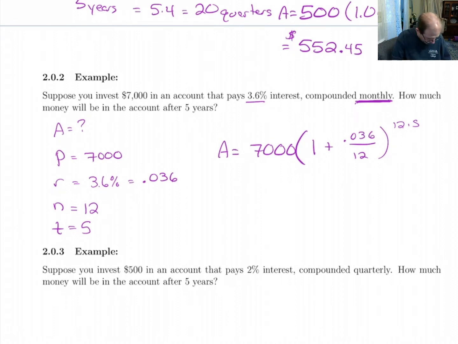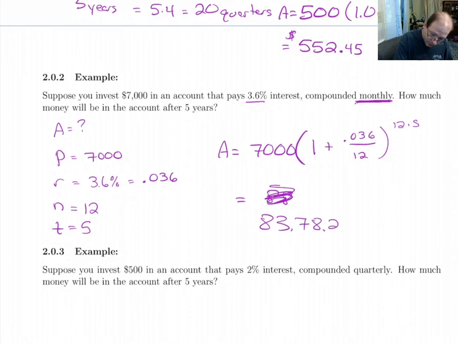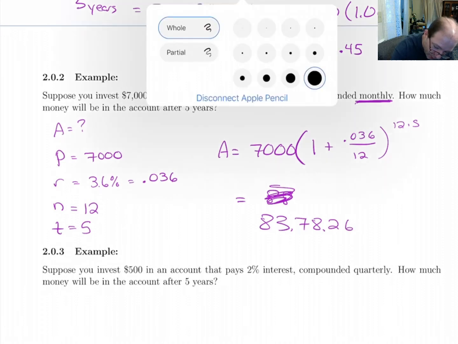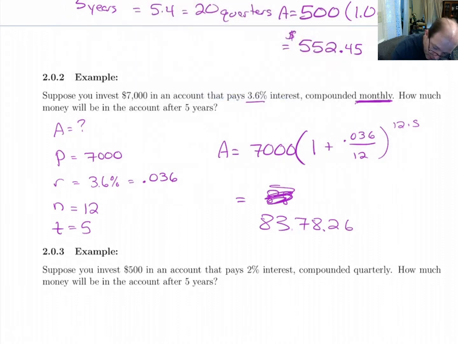Depending on the calculator you have, you might put this in differently. When I do this, I get 8378.26. I do have a decimal, but it's before the 26.